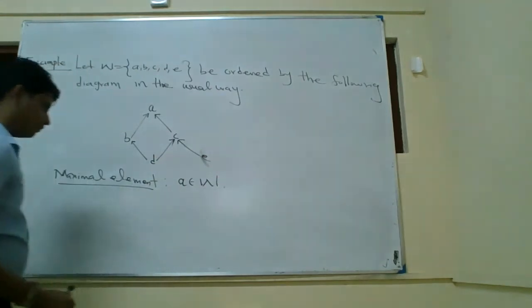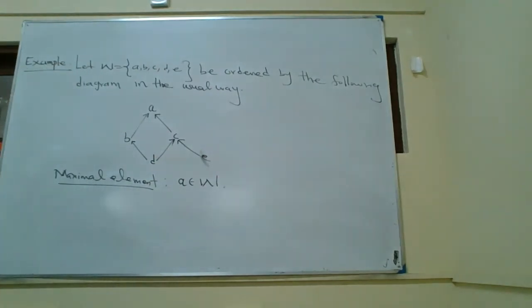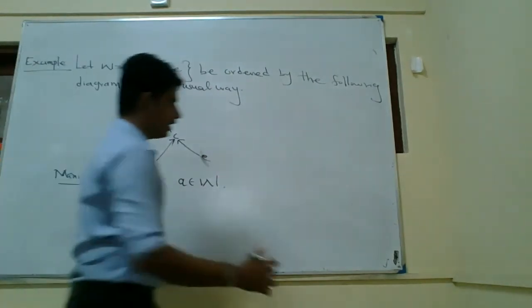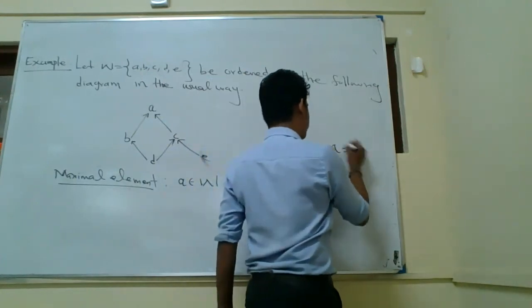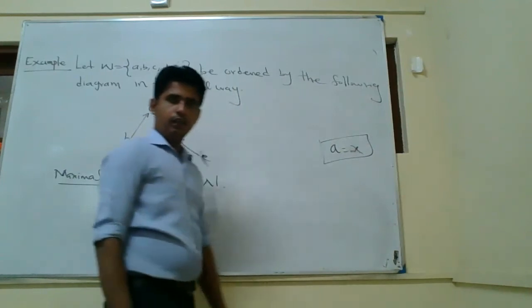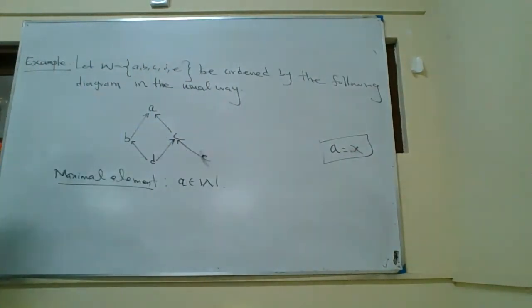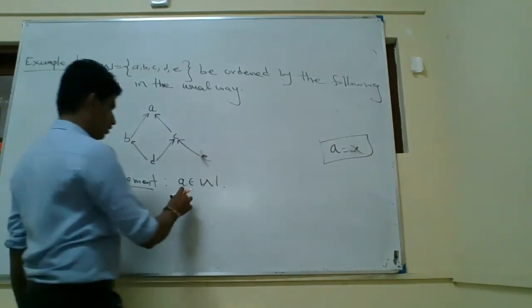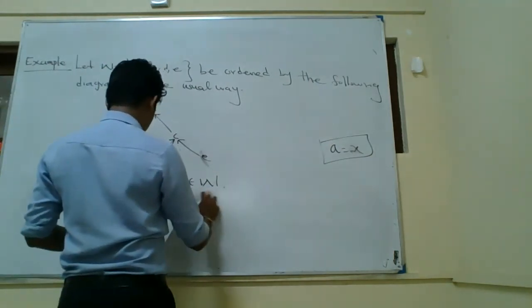If A precedes X, then A equals X, which means X is A itself. That one is possible.